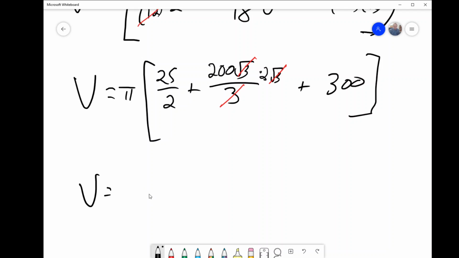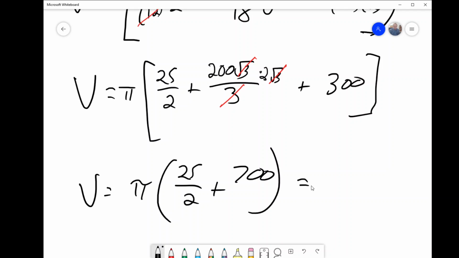So our v then is pi times 25 over 2 plus 400 plus 300, or 700. Putting all of this over a single common denominator, we get 1425 pi over 2.